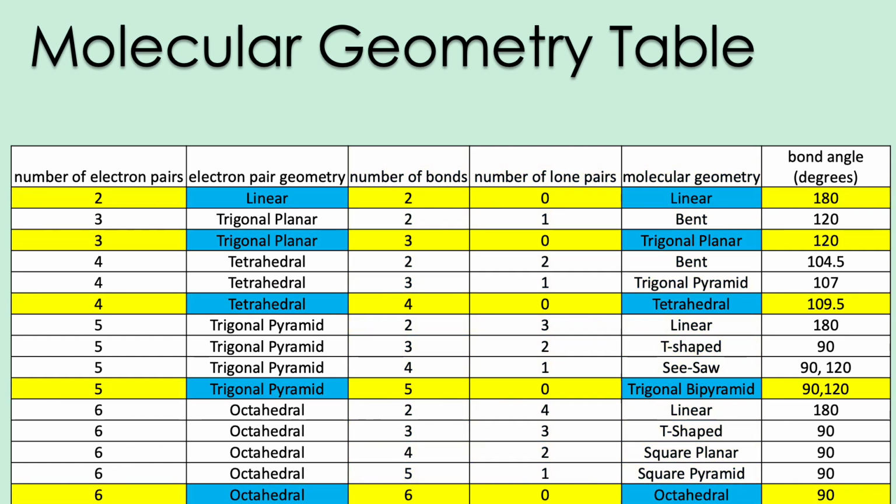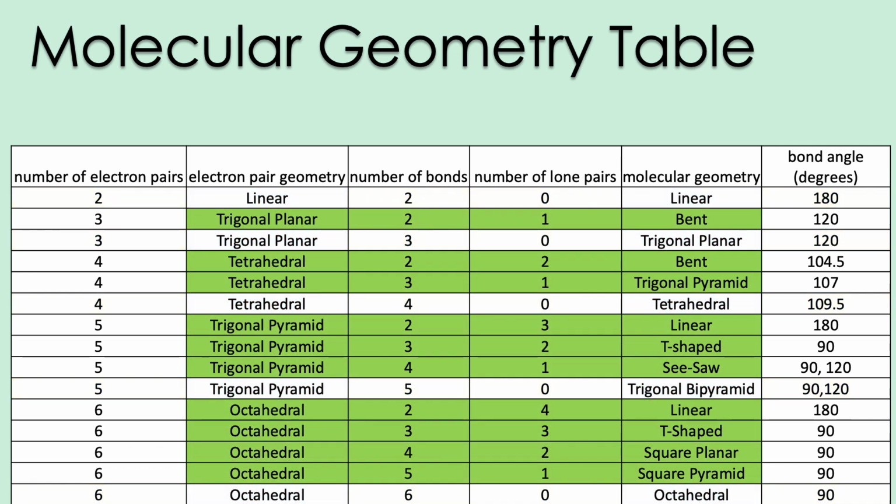Notice that when the central atom does not have lone pairs on it, that is to say, when all electron pairs around a central atom are bonding pairs, then the molecular geometry and electron pair geometries will be the same. Now notice that if a central atom has both bonding and lone pairs of electrons, the molecular geometry will have a different name.